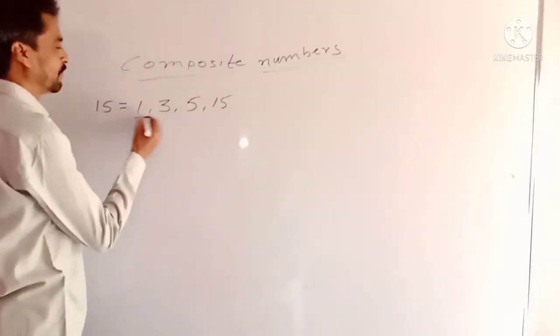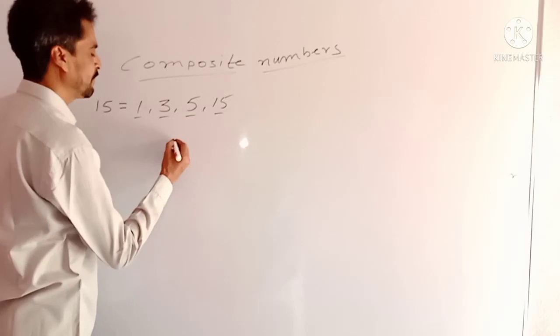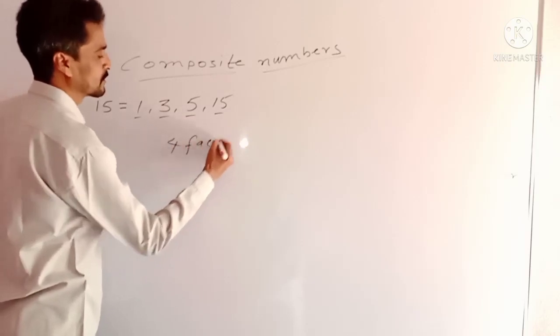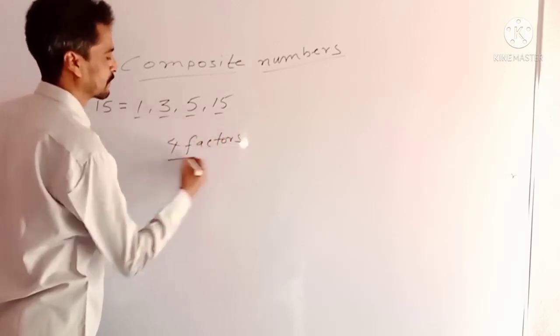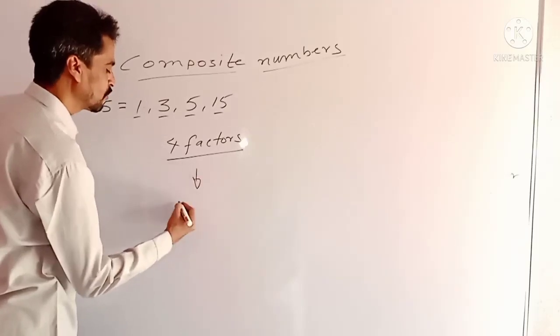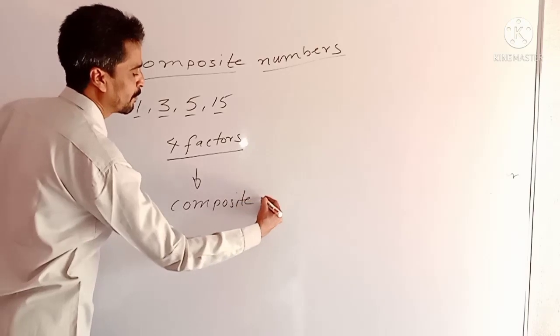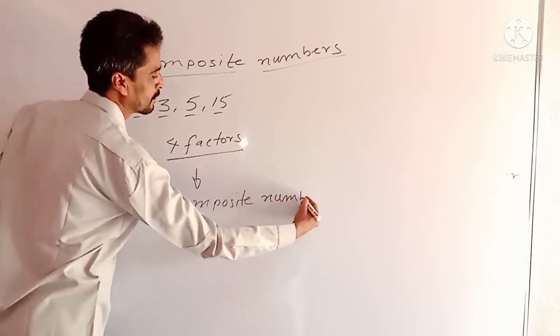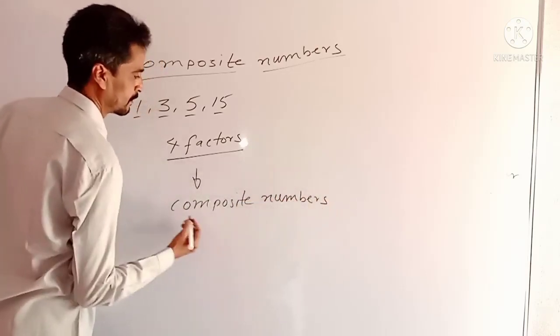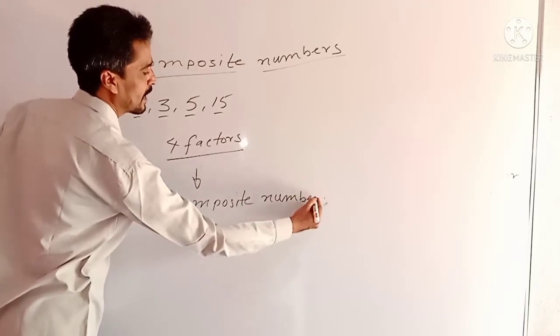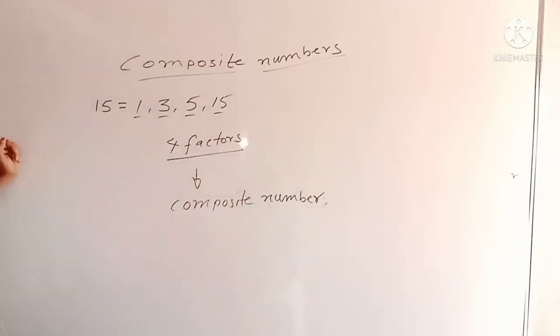So 1, 2, 3, 4. How many factors? 4 factors. So it is called a composite number.